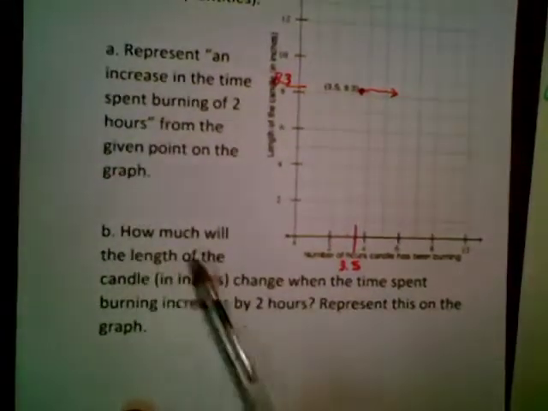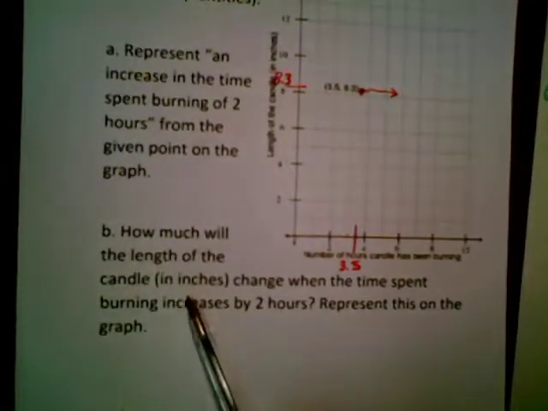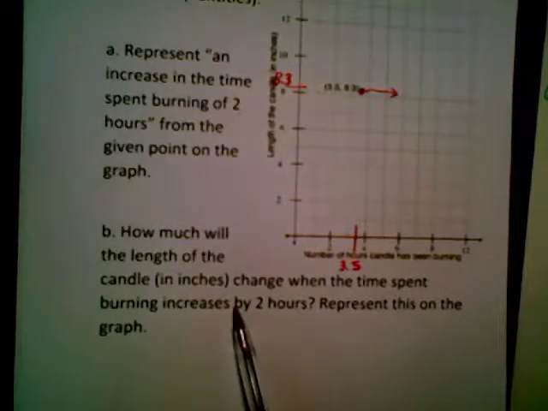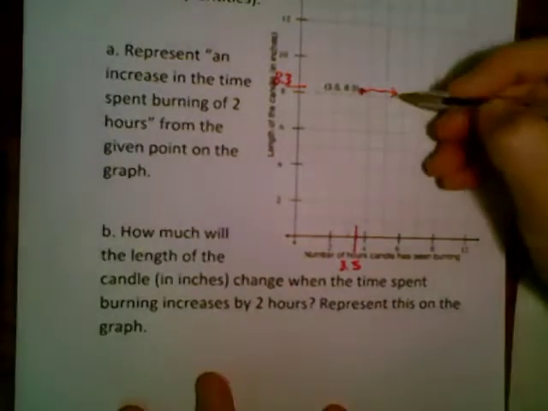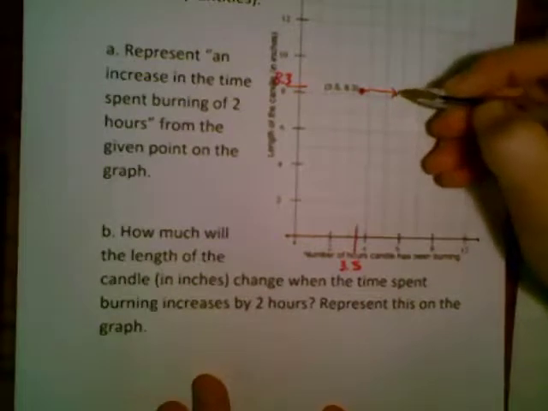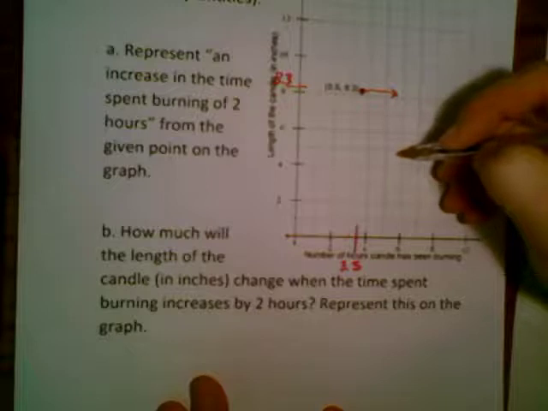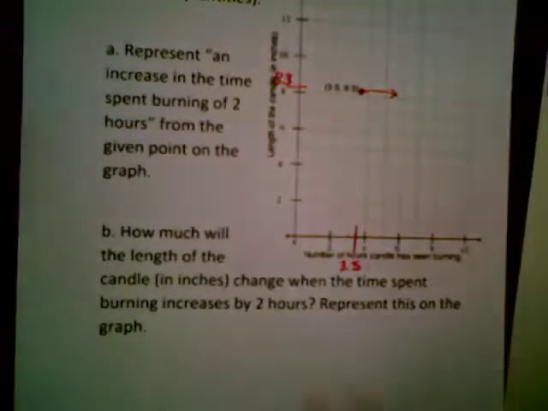Then the follow-up question to A is, how much will the length of the candle in inches change when the time spent burning increases by 2 hours? Represent this on the graph. So we expect to draw a directed line segment downward where the tip of the arrow will end at our next data point.